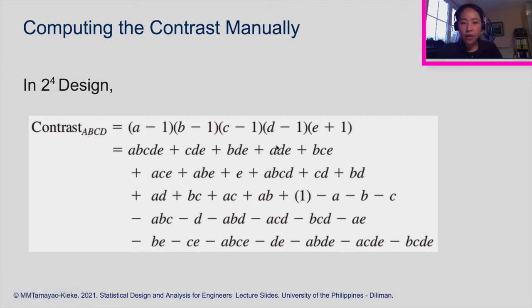Then as you can see here, all of the terms have a minus sign except for the last one, which has a plus sign because E is not included in the interaction. Therefore, if we simplify the final expression, it would look like this, and remember to replace 1 by parenthesis 1.